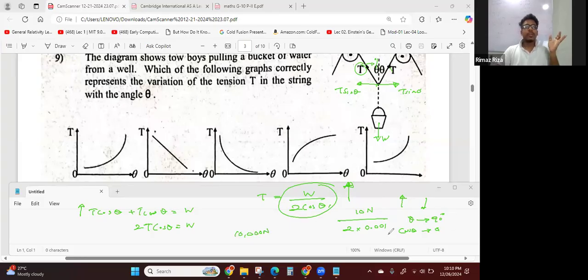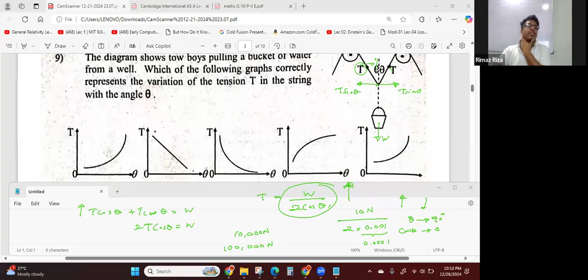So if the angle gets even closer, and this number is, let's say, 0.0001, the value will be 100,000 newtons. So you can see as the angle approaches 90 degrees, this value will approach infinity. Therefore, you need a larger force.